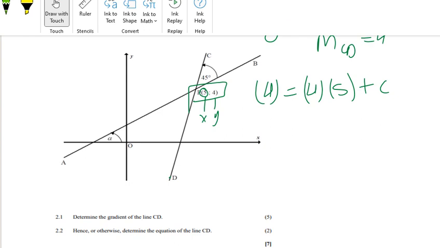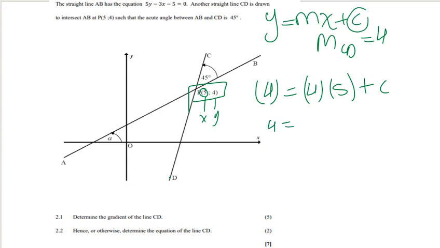So this is going to be 4 equal to 20 plus c. I'll take this 20 to the other side, so it's 4 minus 20 equal to c. What is 4 minus 20? That is negative 16 equal to c.